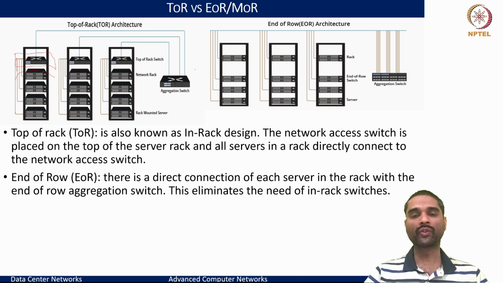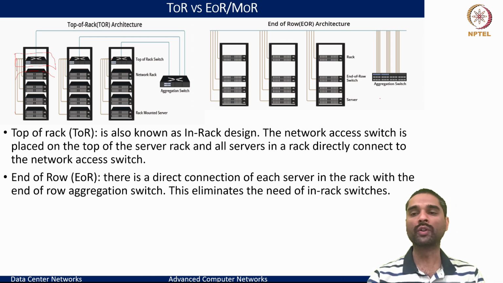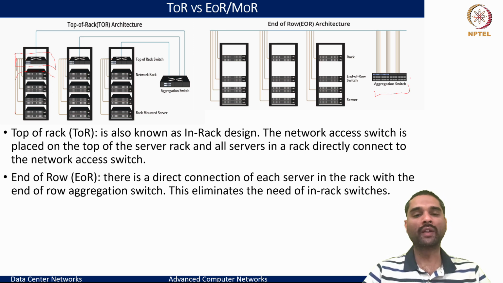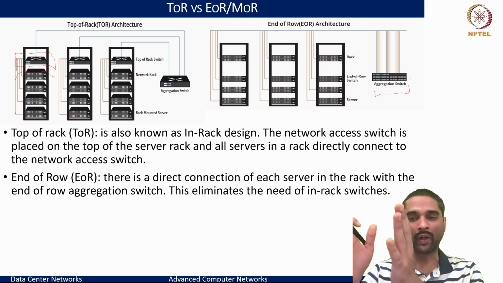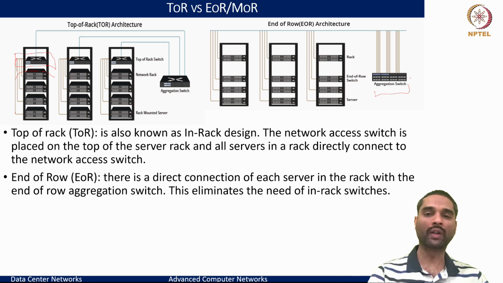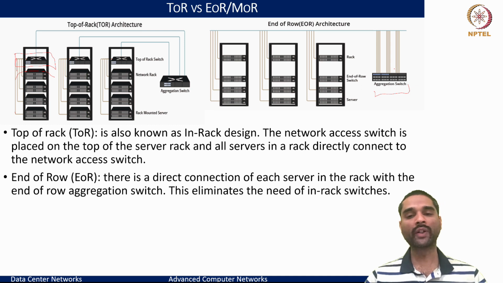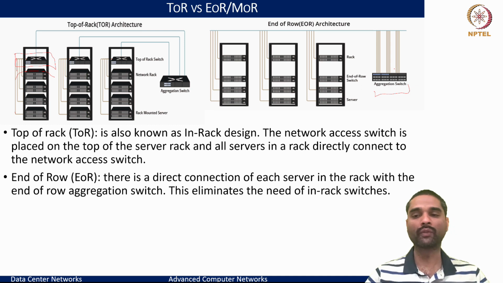So what that means is you will have lots of wires that would go from each rack and connect to the aggregation switch, which might be placed at the end of the row, so that you have one place where the aggregation switches are placed and you are cabling all of the racks' server cables to connect to that aggregation switch.